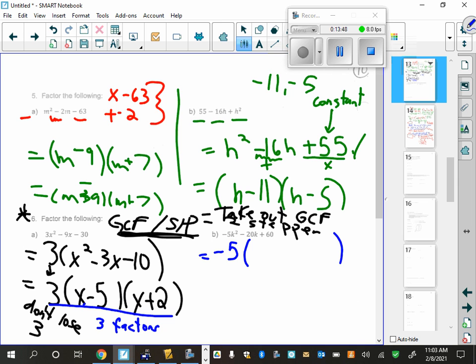And if you take a negative out, that means it changes all the signs. So take a negative out. Is that going to be 4 or -4? And then a negative, what? 12. Okay, go ahead and finish it before I do.